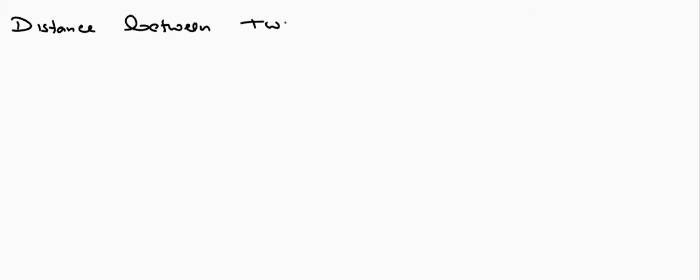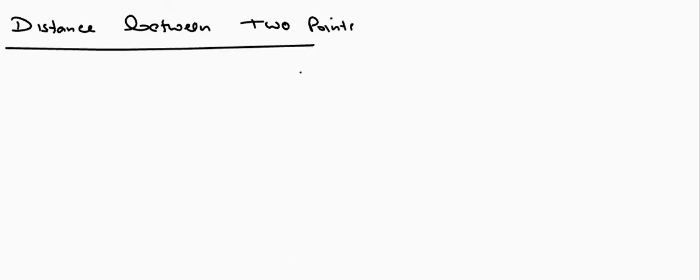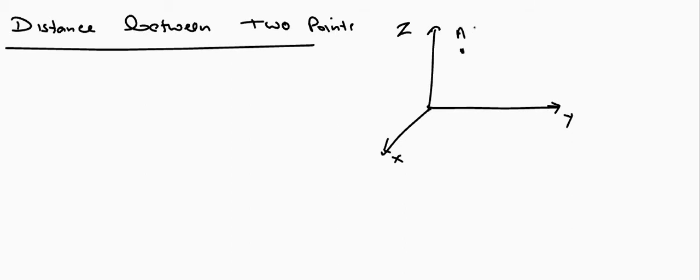Next we discuss distance between two points. It is x-axis, y-axis and z-axis. Let us consider any two points, capital A (x1, y1, z1) and B (x2, y2, z2).